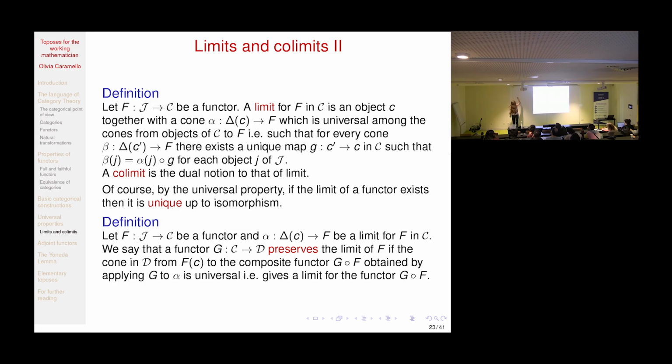So remember what we had with the Cartesian product. Here we had J, the source category, just the discrete category on two objects, because we don't want any relation between A and B. And then you see that the universal property that we stated last time was a particular case of this general definition, because for any pair of arrows from C to A and C to B, we could find a unique arrow from C to this, which makes these two triangles commute.